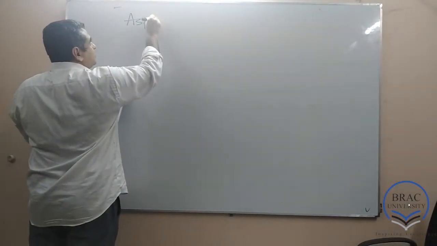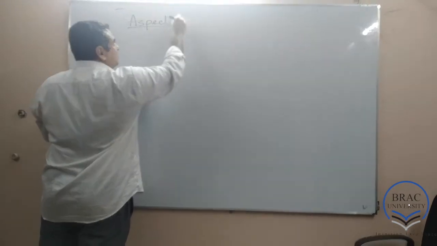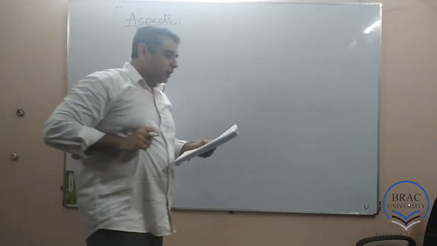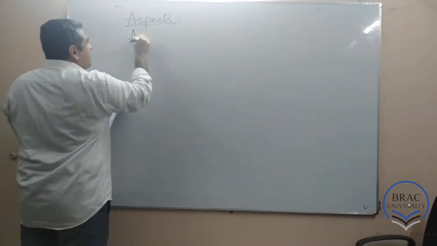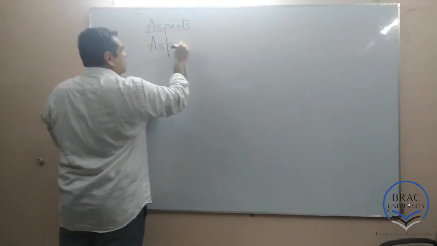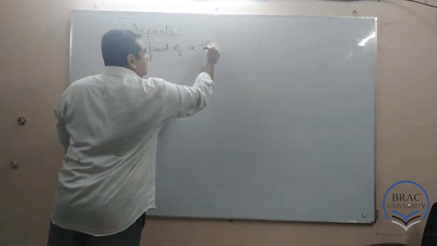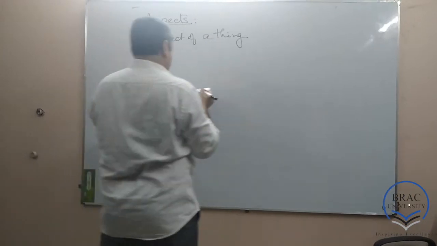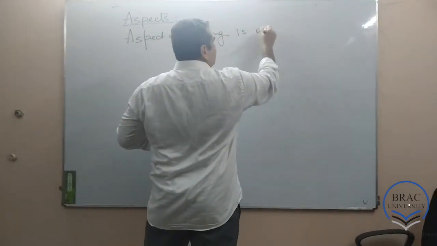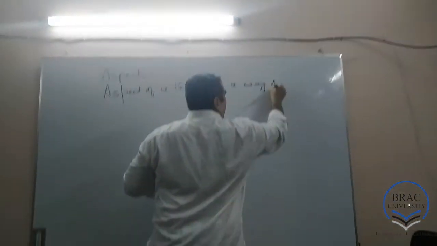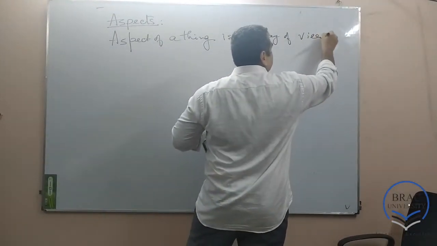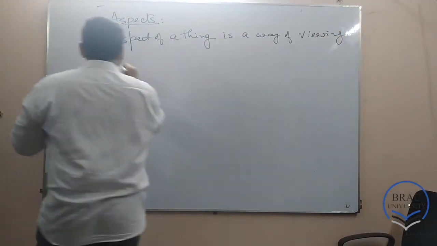Aspects. Aspect of a thing is a way of viewing it.